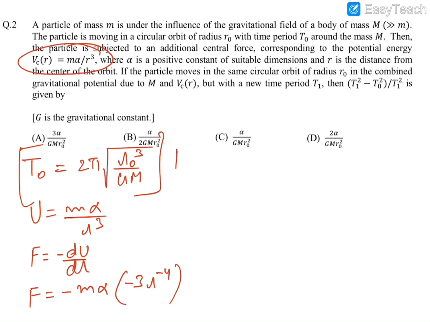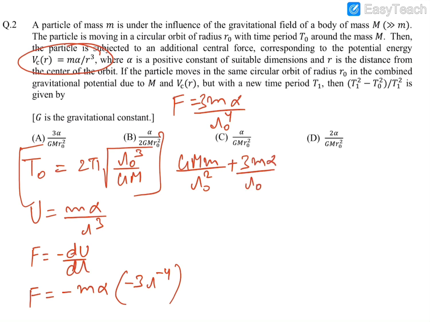So F will be equal to m alpha into 3 divided by r to the power 4. Now this particle is moving under the influence of this force as well as the gravity of that mass. So we can say that the total force acting on that particle will be GMm by r0 square plus 3 m alpha by r0 to the power 4.